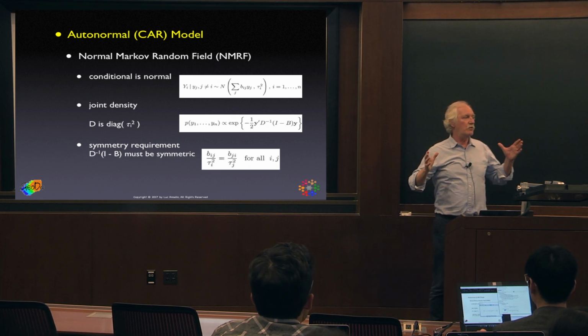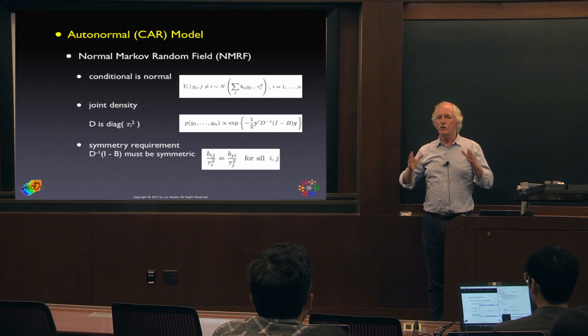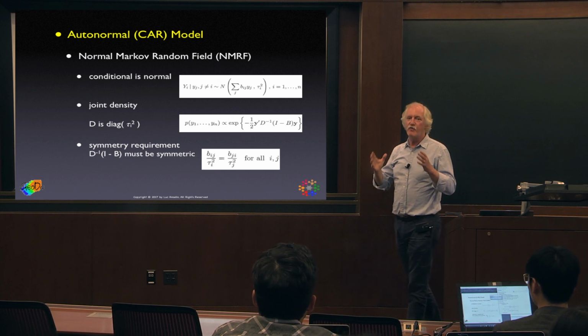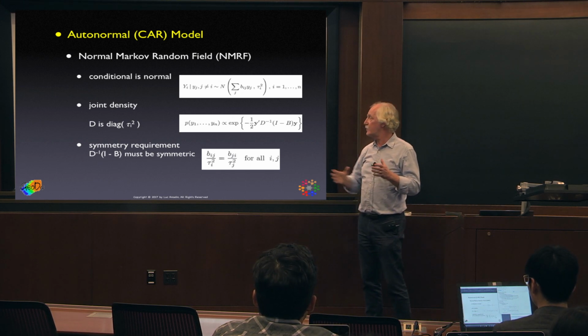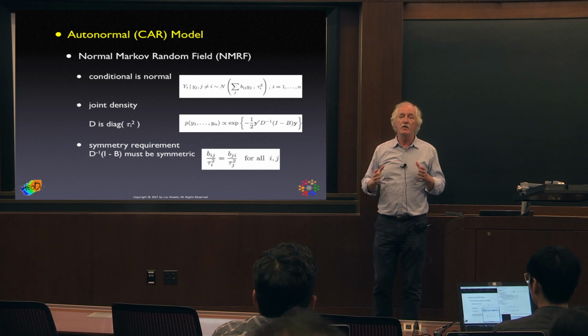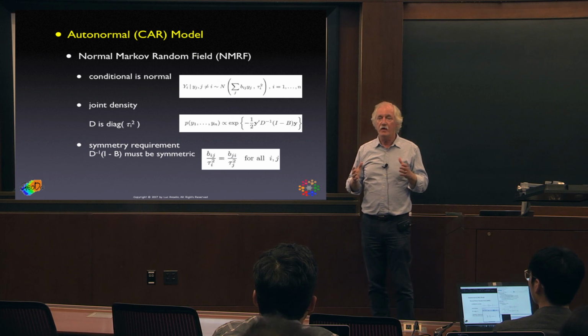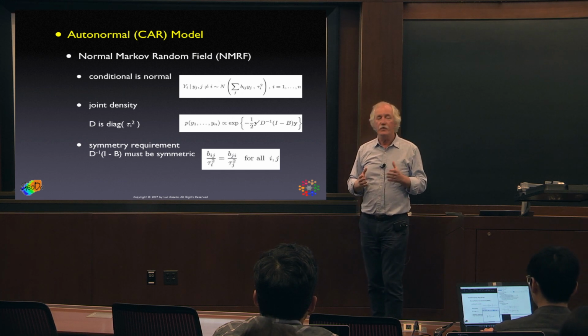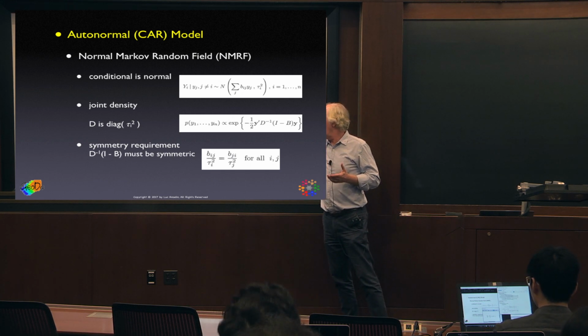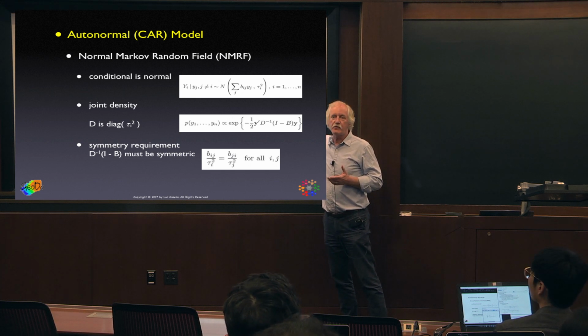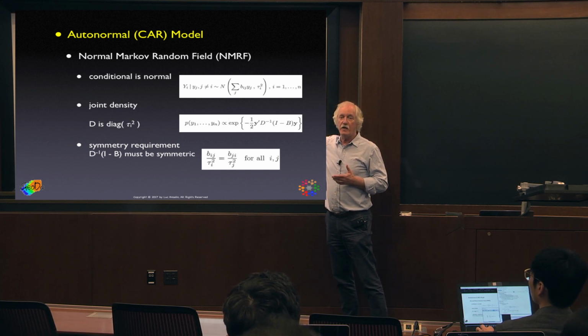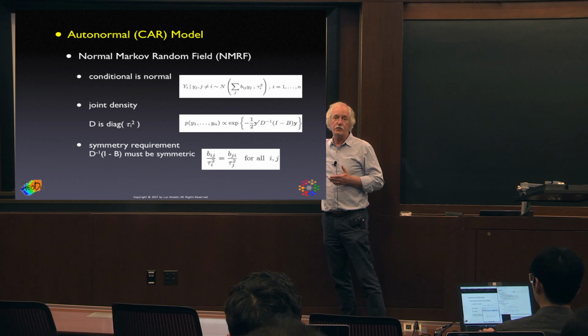Now, you know, or if you don't, you should, that the variance-covariance matrix of a multivariate distribution has to be symmetric, right? And as such, there's nothing that guarantees that this term is symmetric unless you constrain it in such a way that this holds.